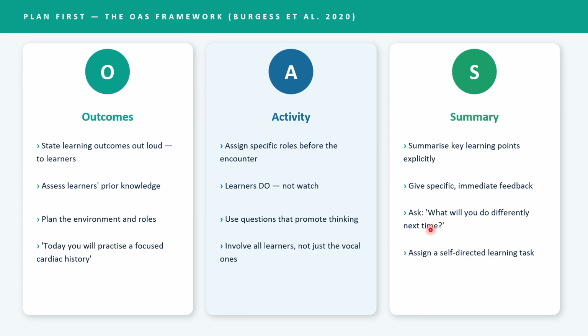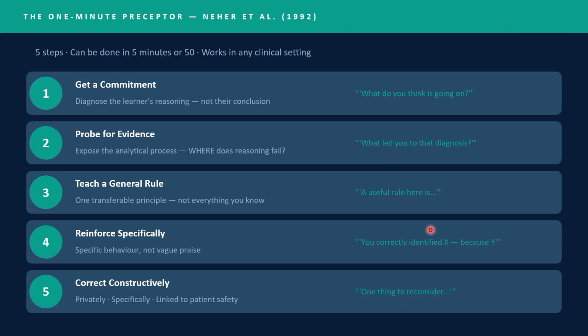Now, let us move to the first model that you can use in clinical teaching. This model is called the one-minute preceptor model. The one-minute preceptor model has 5 steps, and this model works in any clinical setting.